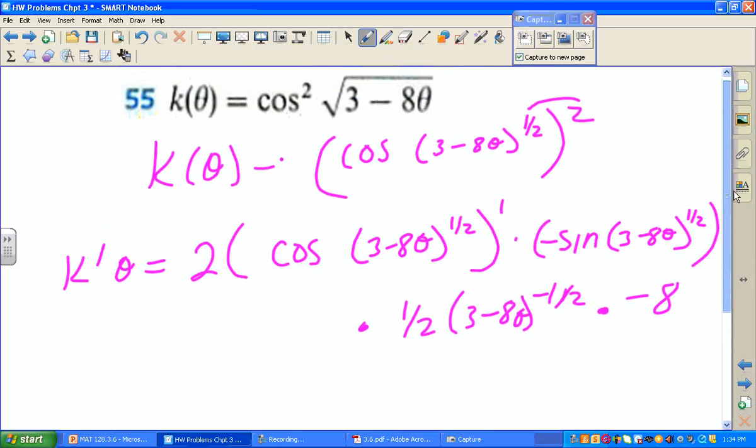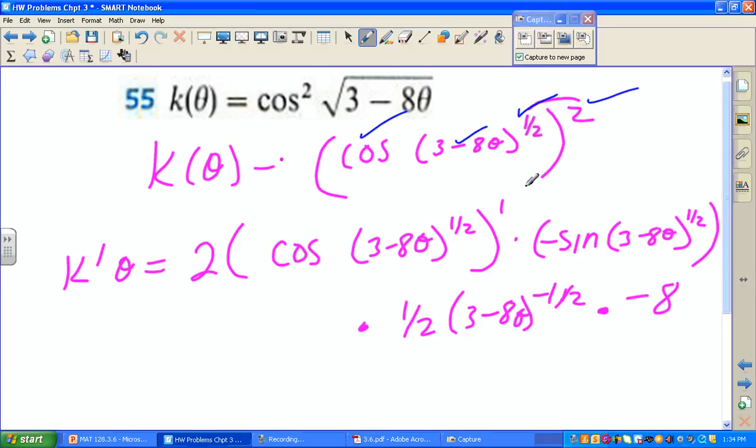When you multiply by 1/2, is it sine of 3 minus 8 theta, or just 3 minus 8 theta? 3 minus 8 theta. So I took the derivative of the 2 first, then the cosine, then the square root, then the linear function.